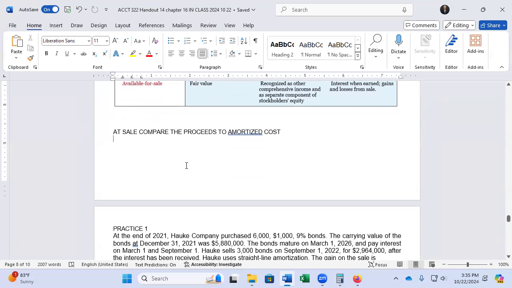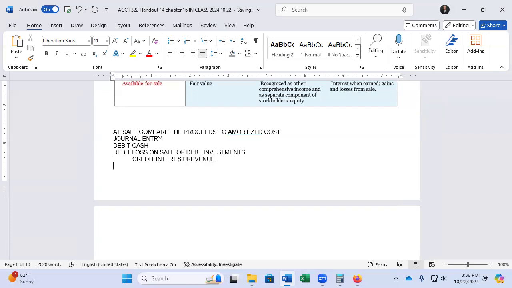At sale, compare the proceeds to the amortized cost. Just like we've done before, the journal entry would be a debit to cash, debit loss on sale of debt investments, credit interest revenue, credit debt investments to move them off the books.